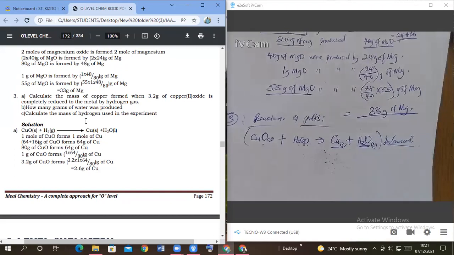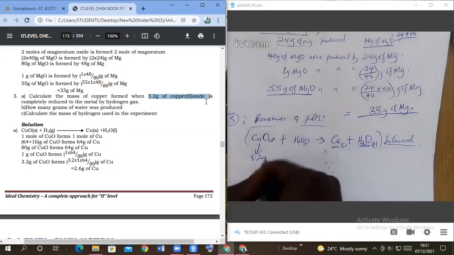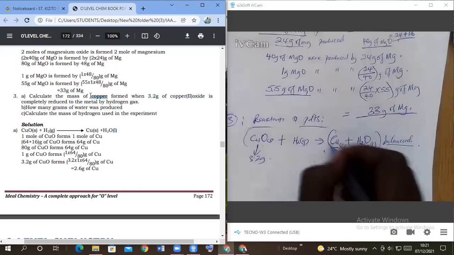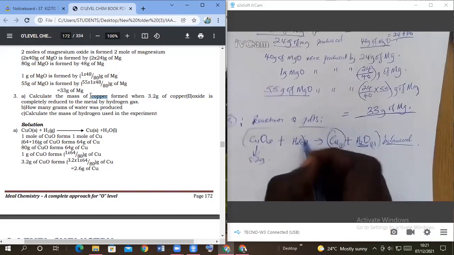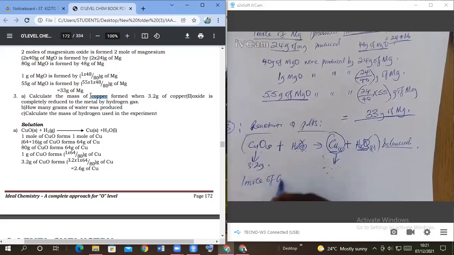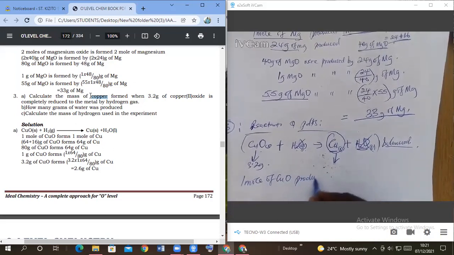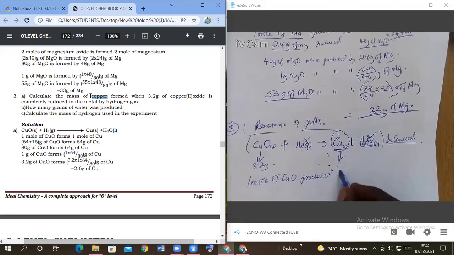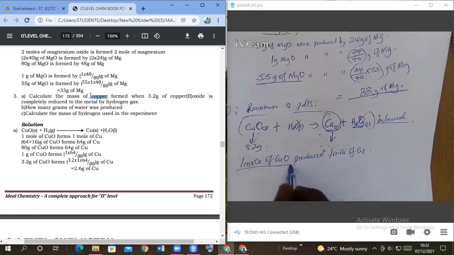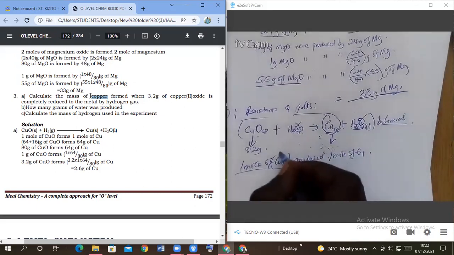Now, look at this, they have given you the mass of copper oxide. You have copper oxide, 3.2 grams. And they want you to find the mass of copper here. So write what concerns the equation. 1 mole of copper oxide produced 1 mole of copper. Now, 1 mole of copper oxide, you must know this is a compound, you get its relative molecular mass, which is going to be 64 plus 16.